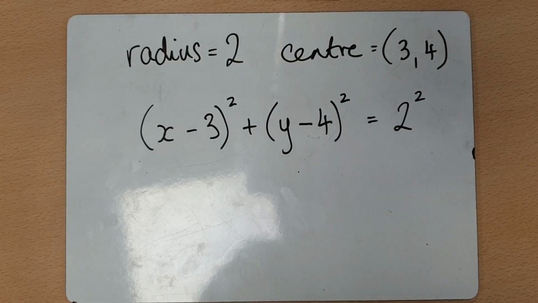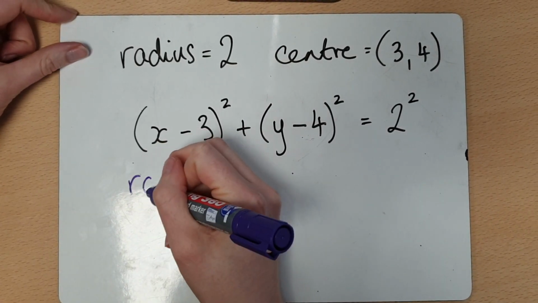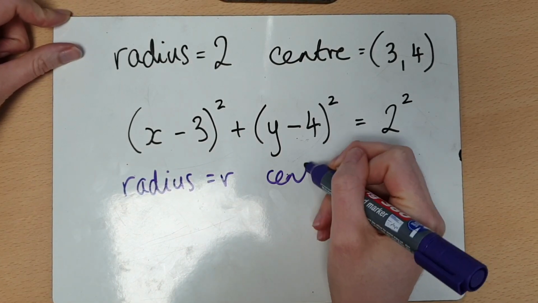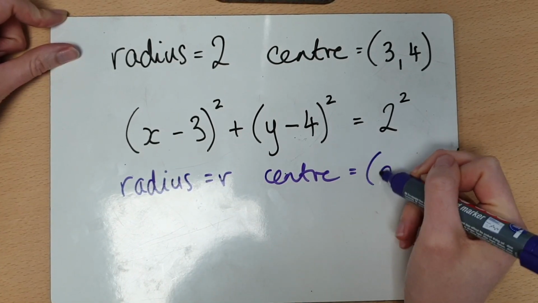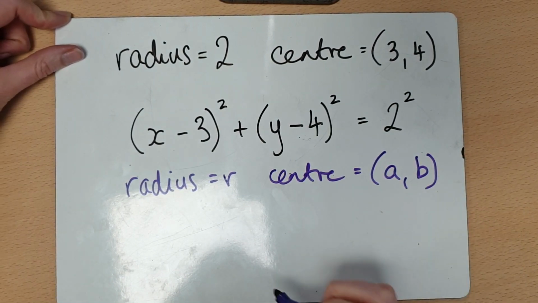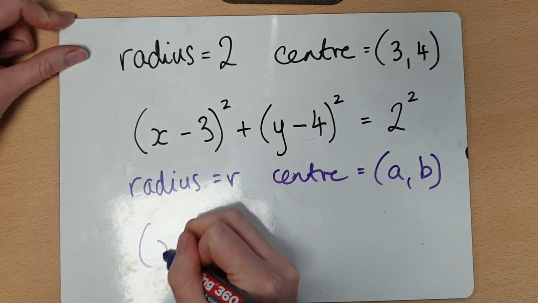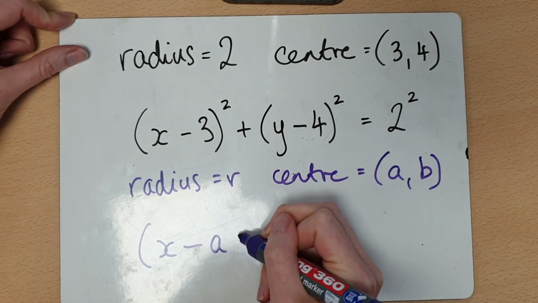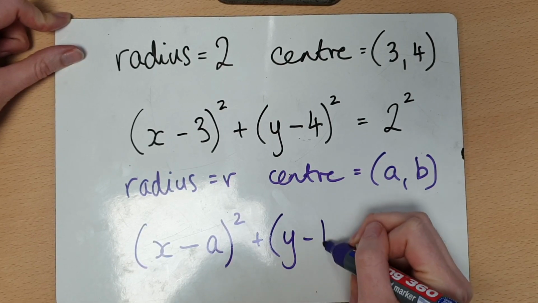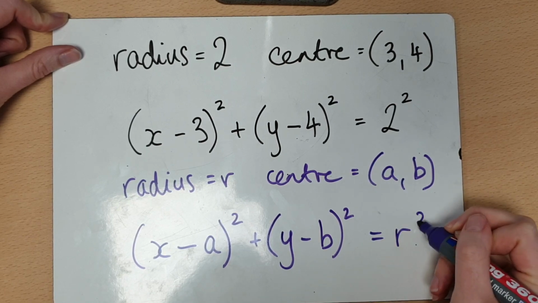So more generally, that means if I have radius r and centre (a, b), where these are just coordinates, then the equation of the circle is going to be (x − a)² + (y − b)² = r².